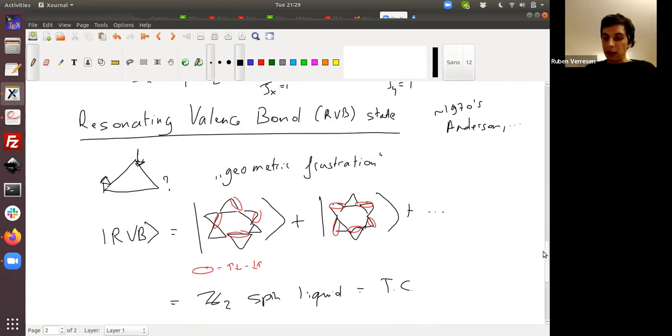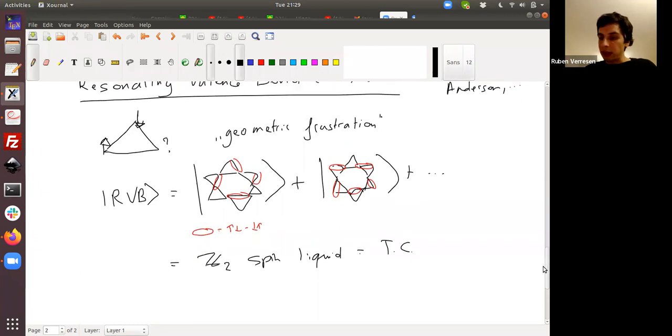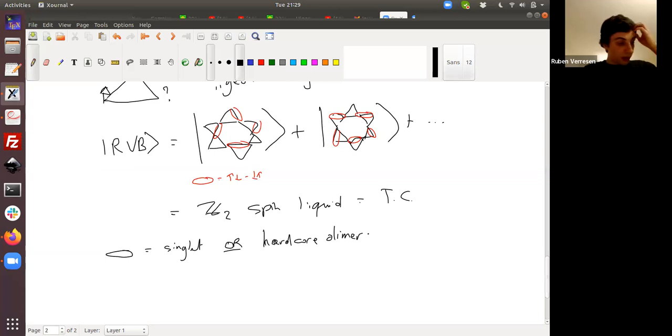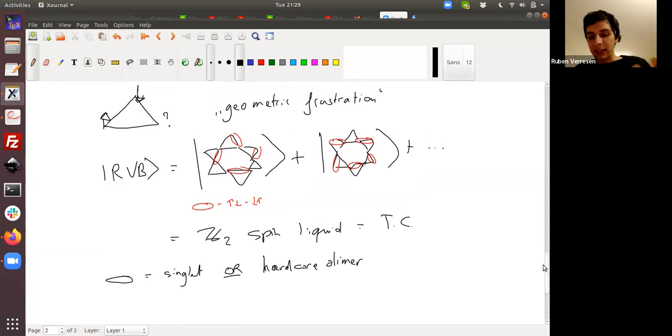What I said so far is in line with the original idea of Anderson, and then afterwards, other people like Rokhsar and Kivelson, etc., realized that you actually don't need this oval to be a singlet. It could actually be what we now call a hardcore dimer, where you just think of this oval itself as a quantum degree of freedom, if you wish. The main difference is that if you have different singlet coverings, they're not actually orthogonal if you calculate the overlap.